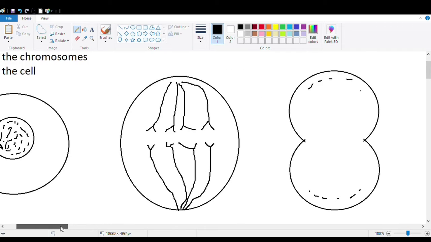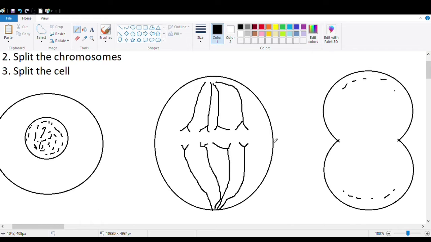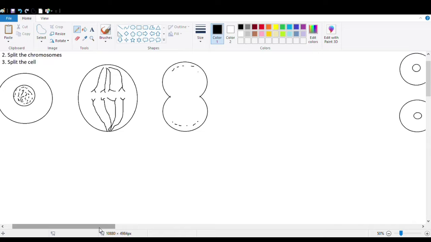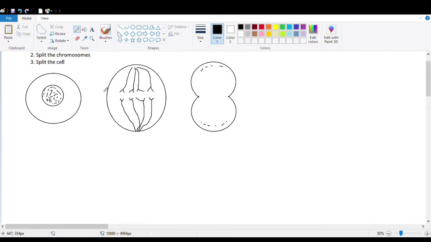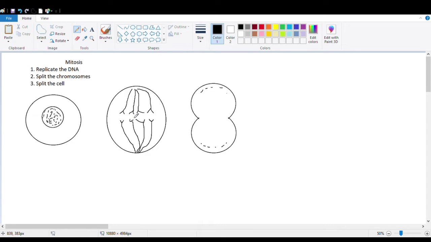It's not really going to look like that. So we had 3 things happen here. We had the replication, we had the split of the chromosomes. One chromosome copy went to one end, one chromosome copy went to the other end, and then we had the splitting of the actual body of the cell.